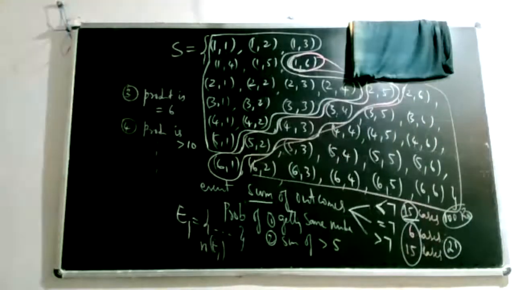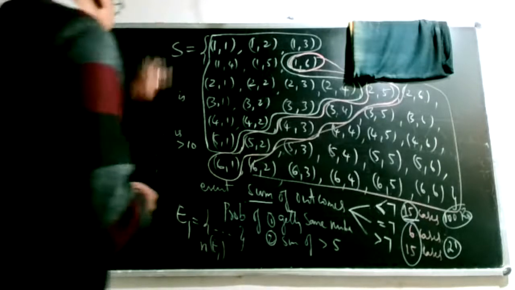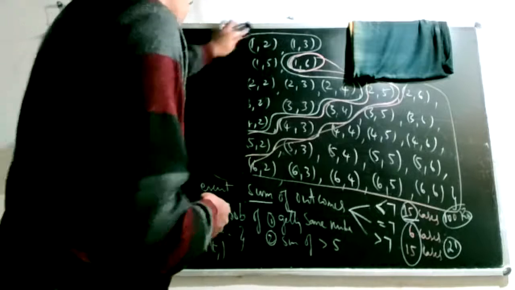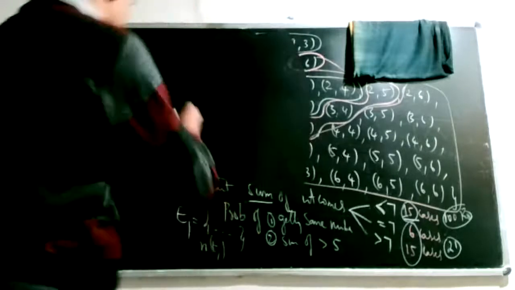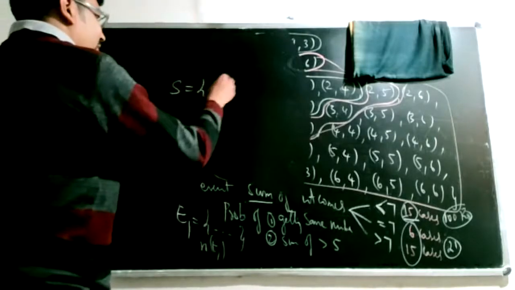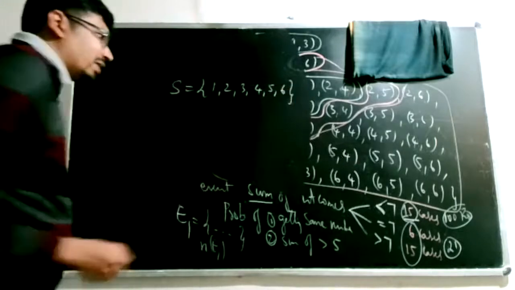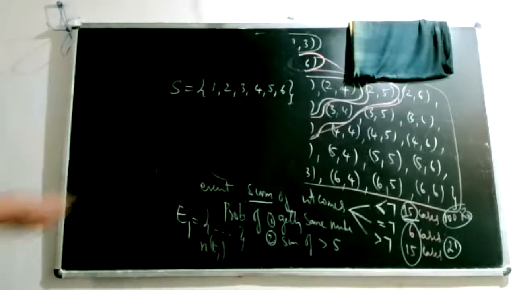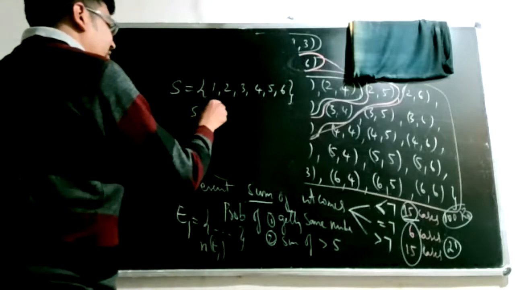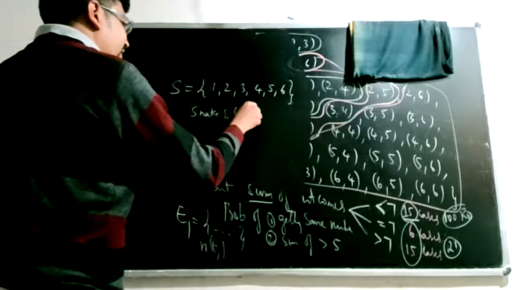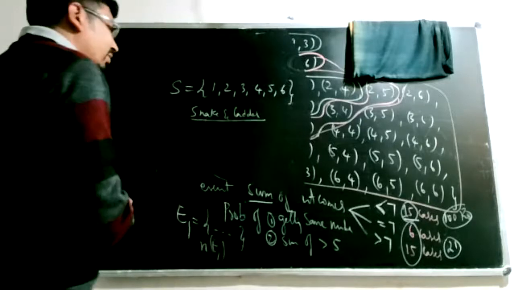What is equally likely? The chance of one outcome is the same as the chance of other outcome. Another example to understand what is equally likely and how it fails in real life. We are already very much familiar with the game of dice or snake and ladder. We have played so many games in our childhood.